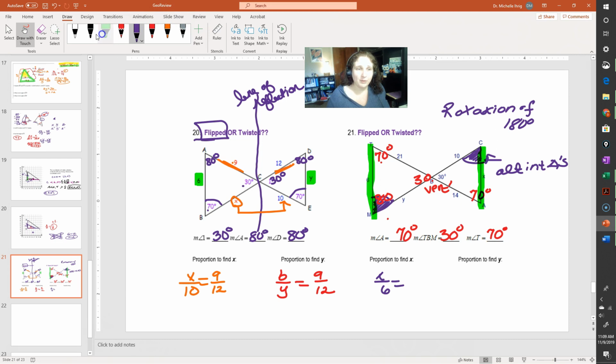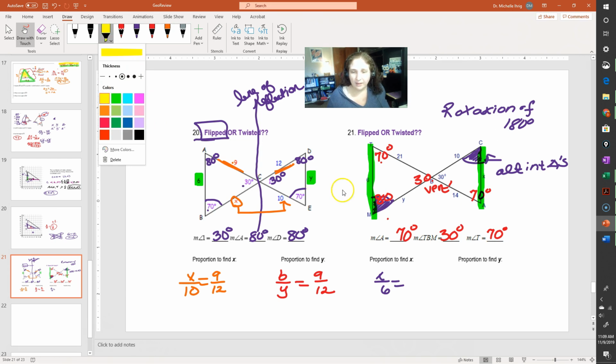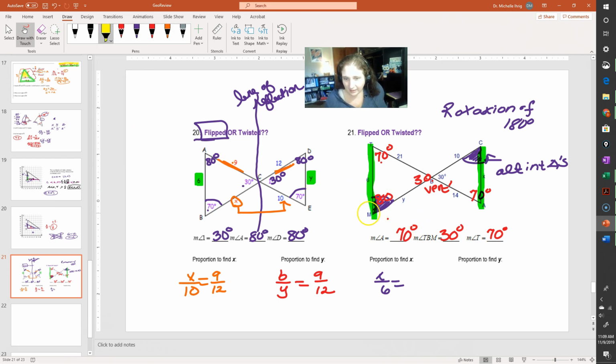If I'm looking at the line on the left, my y connects the 80-degree angle with the 30-degree angle. So we have to make sure that the corresponding side matches. So that means that y has to map to 10.